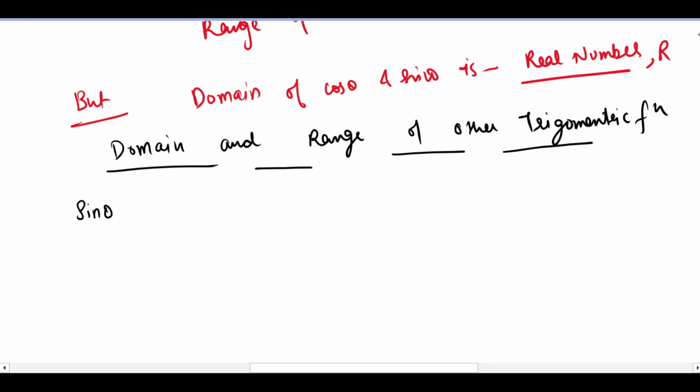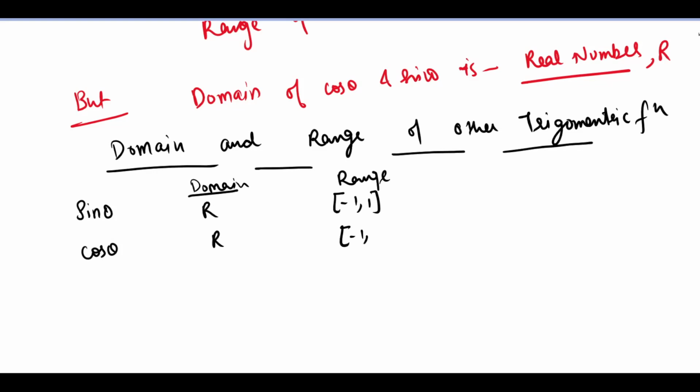We have sine theta: the domain is R and the range is -1 to 1. Cos theta: the domain is R and the range is -1 to 1.